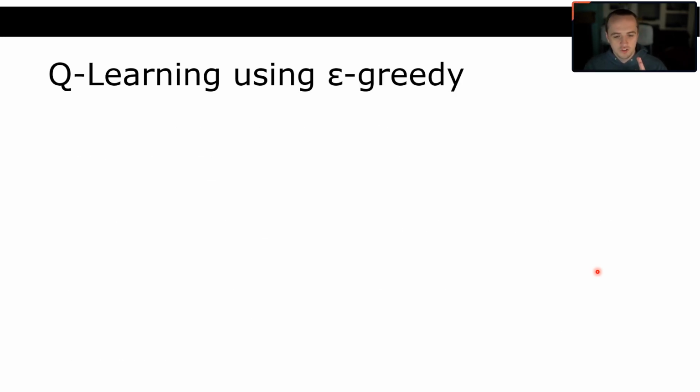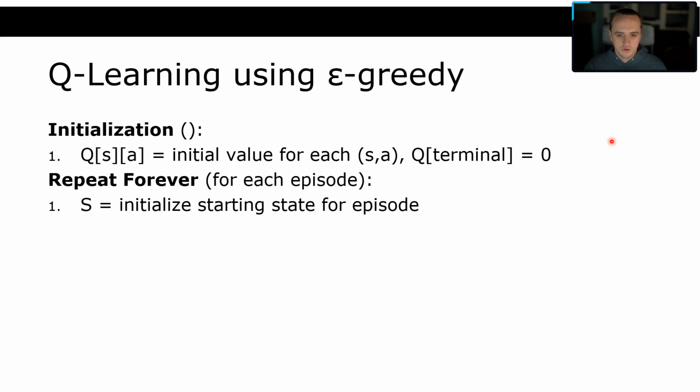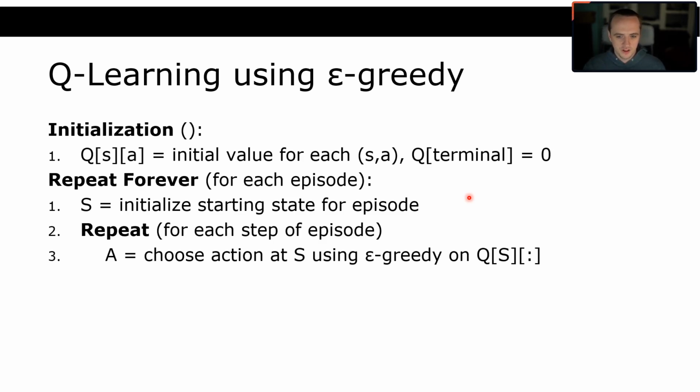So I'll show you the difference now, how easy it is to implement Q-learning using epsilon greedy. Here's the initialization, same thing as for Sarsa. We initialize Q(S,A) for each state and action. Then we repeat forever. We're going to have a starting state for this episode or for our continuing task. And then we're going to repeat the following.